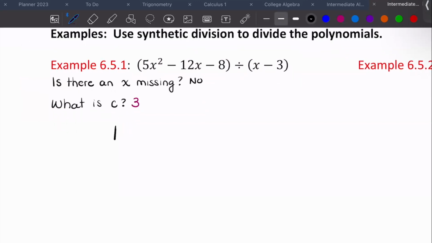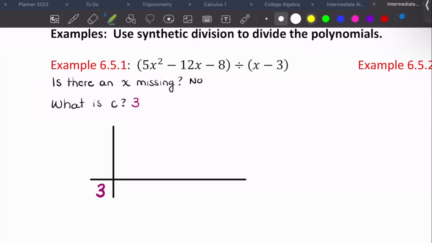Now we're going to make a chart that looks something like this. C, whatever C is, always goes in that bottom left-hand corner. And then you're going to turn your attention to the coefficients.